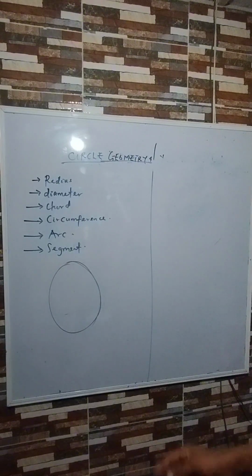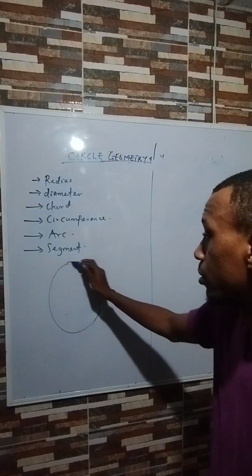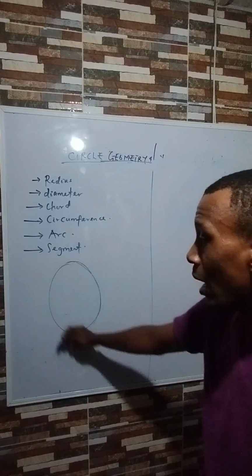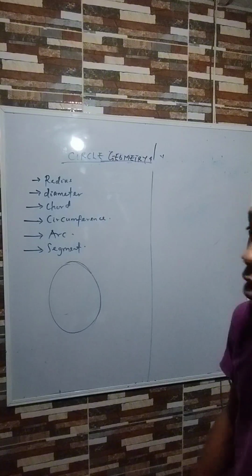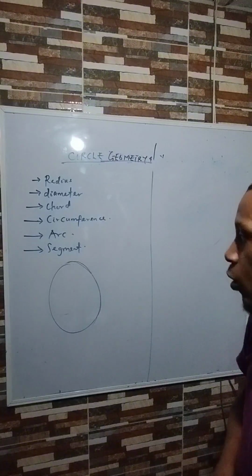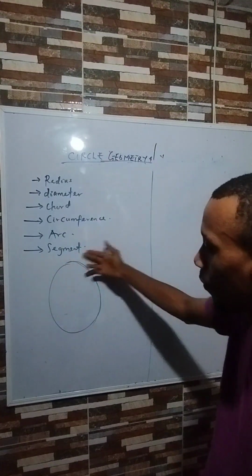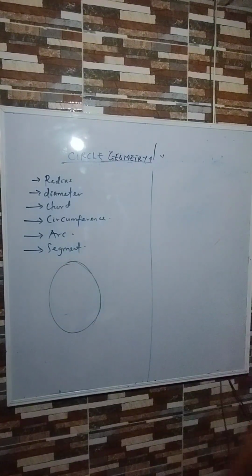The length around the edge of this circle is what we refer to as the circumference of a circle. The circumference of a circle also has a special name, which is the perimeter of a circle. It is also called the perimeter of a circle.